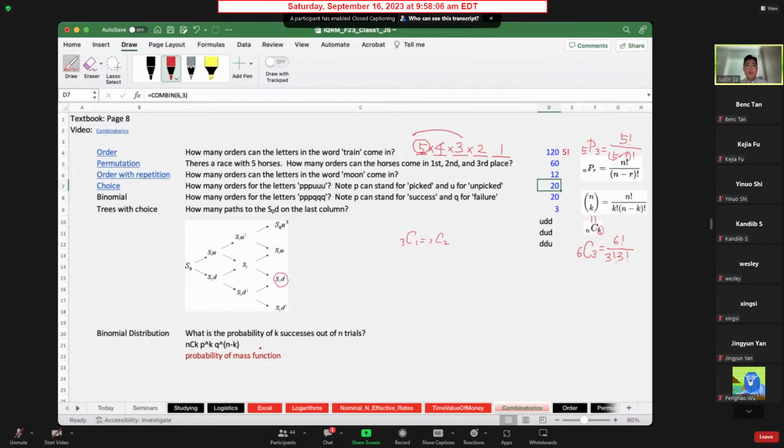So now the binomial distribution, the question I already mentioned earlier: what is the probability of k number of successes out of n trials? For the basic setup, you need some context. We assume a certain event has only two possible outcomes, but the outcomes don't have to have the same probability.